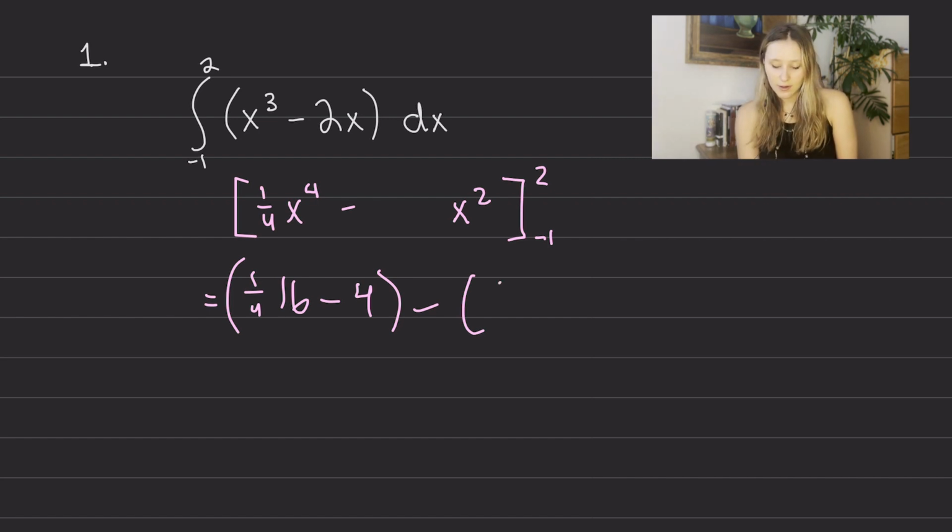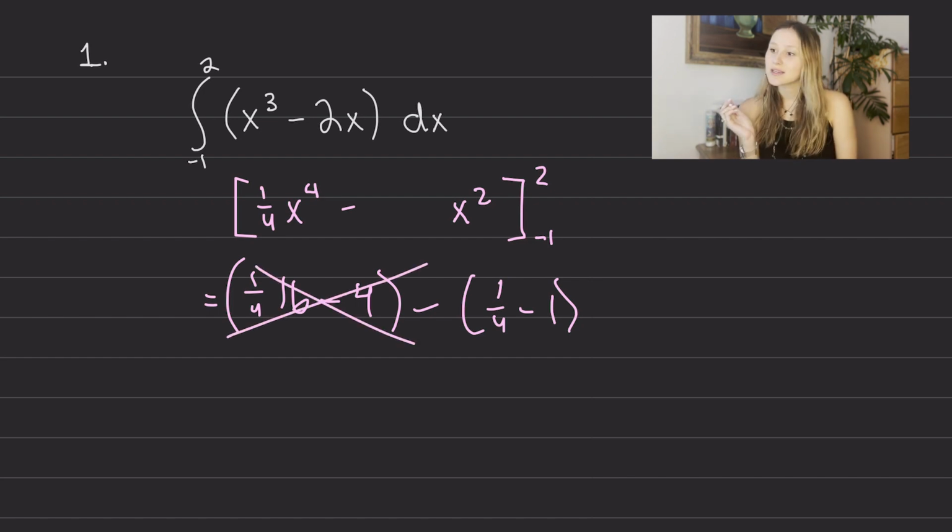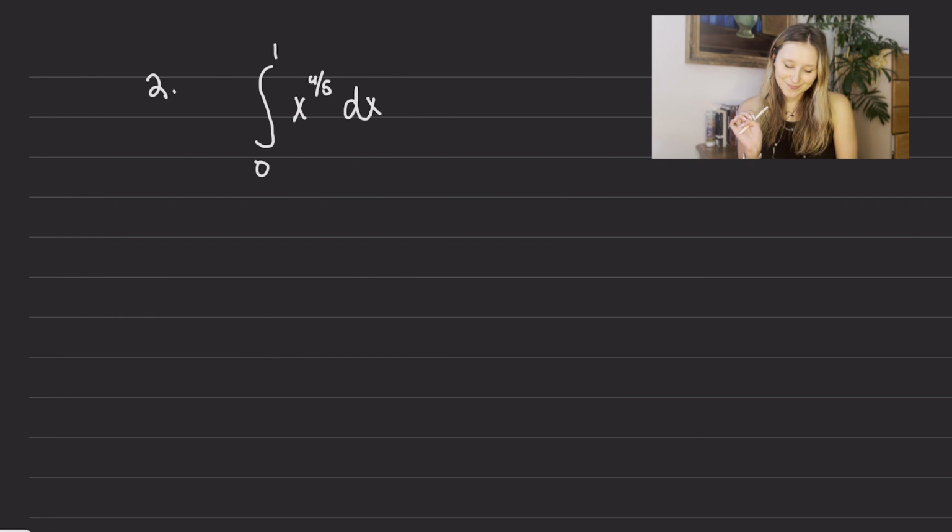So we get 1/4 minus 1 squared, which is minus 1. Here we get 0, because 1/4 times 16 is 4, minus 4, 0. Here we get minus 3/4, which is equal to 3/4, period.